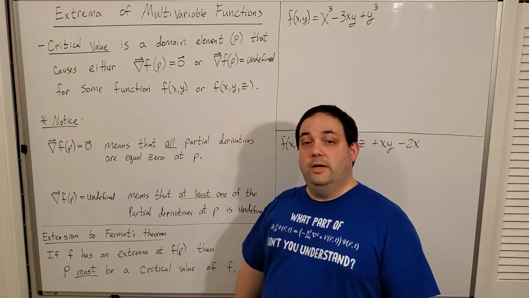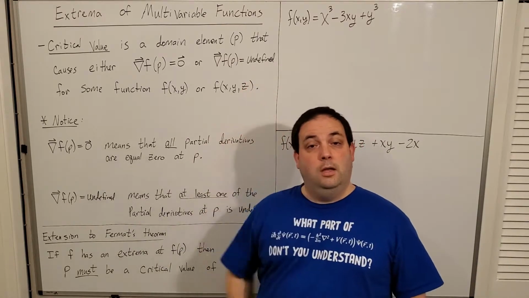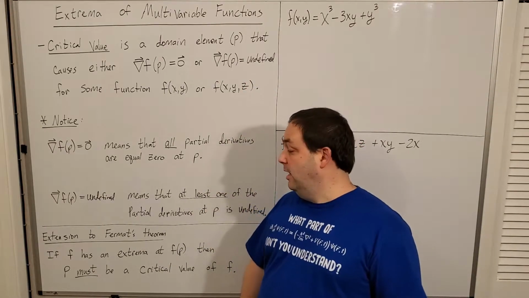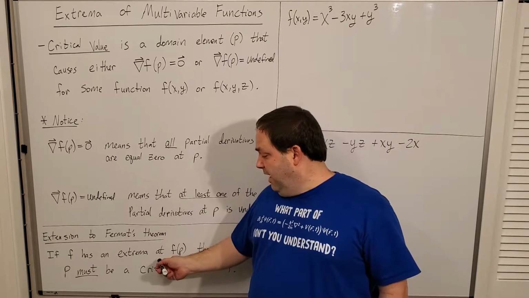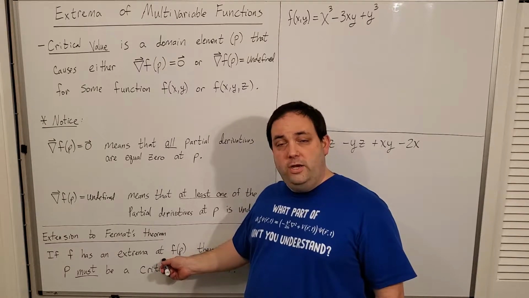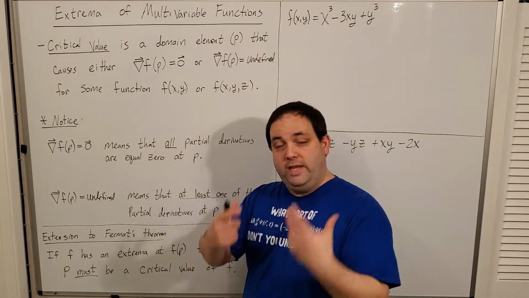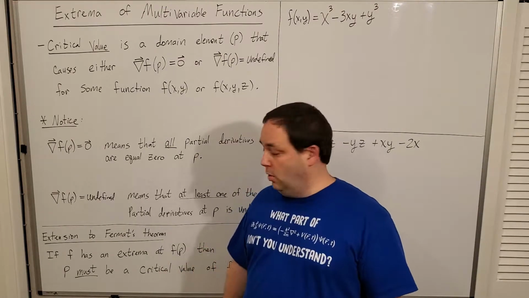Sometimes that happens too at vertical asymptotes or vertical, planar asymptotic surfaces, that kind of thing. So we just have to consider that if we find all of the critical points, we can find all of the possible extreme values. Okay?